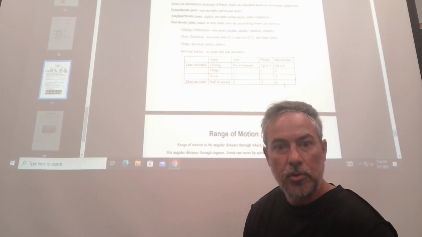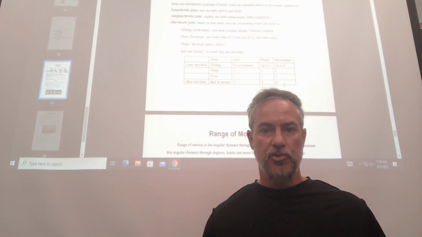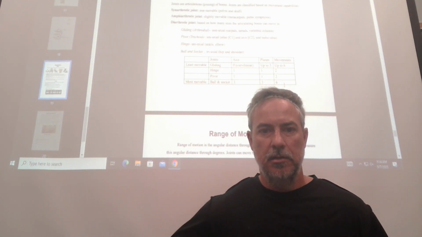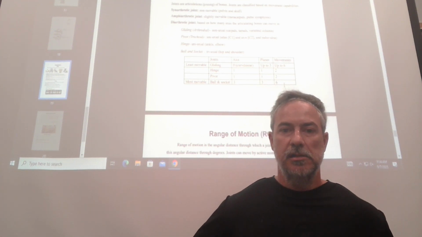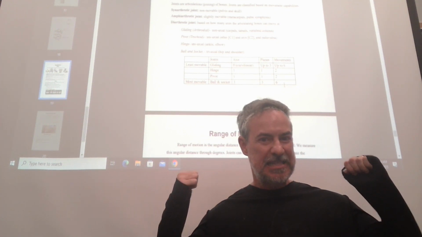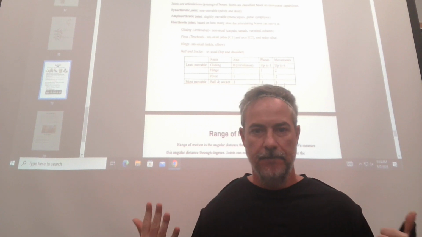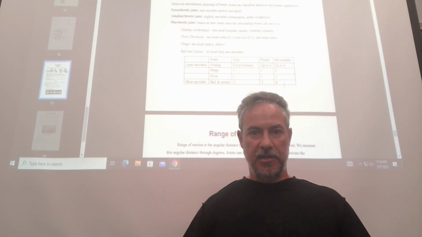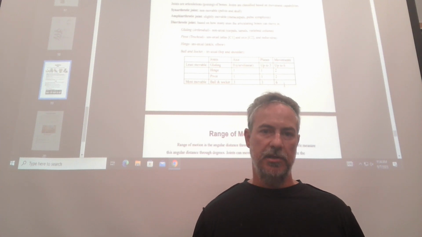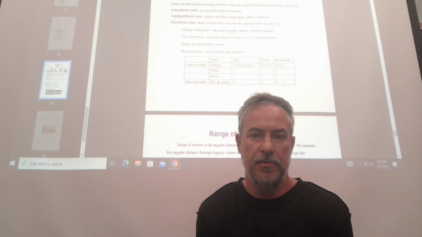So the shoulder in anatomical position is triaxial, three planes, three axes, pause it if you have to, six motions. Flexion, extension in the sagittal, abduction and adduction in the frontal, internal and external rotation in its transverse.